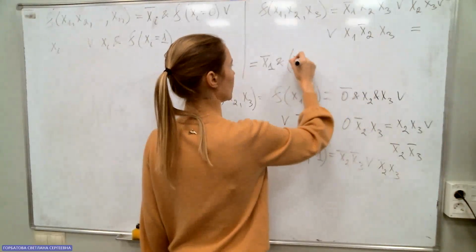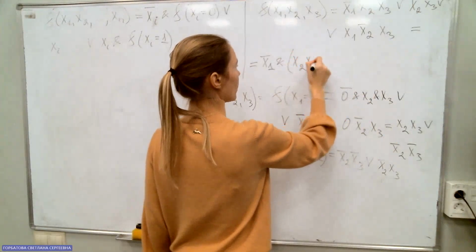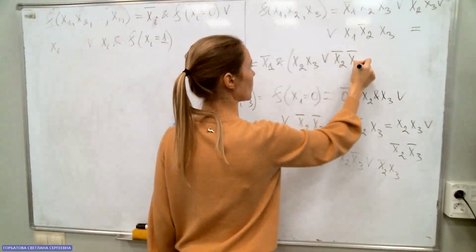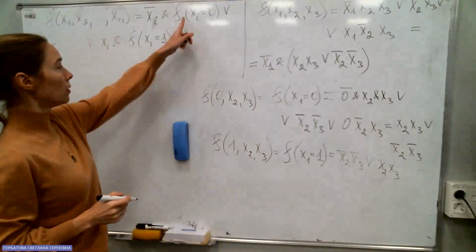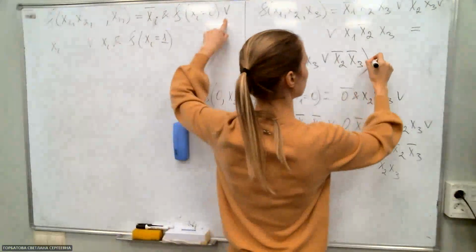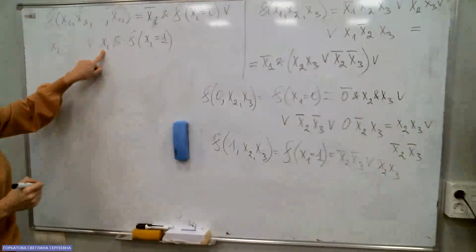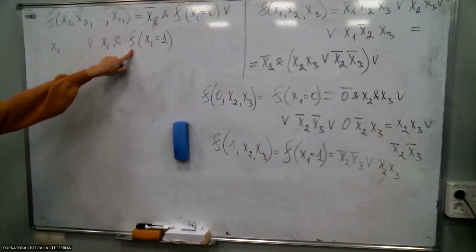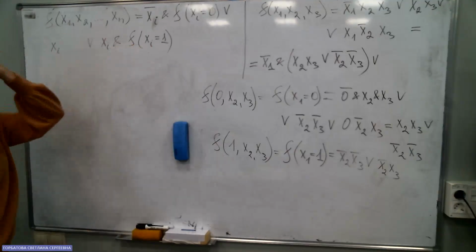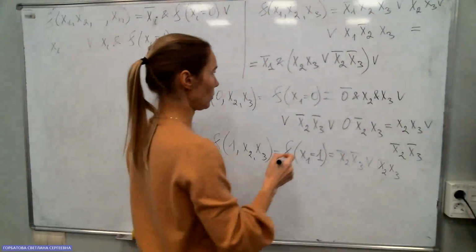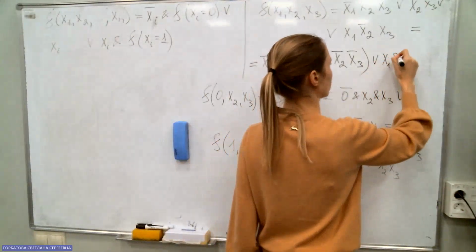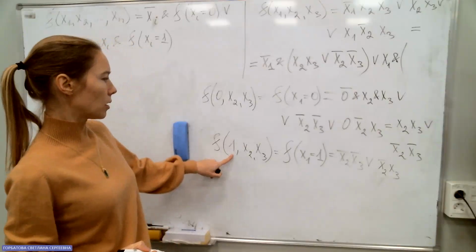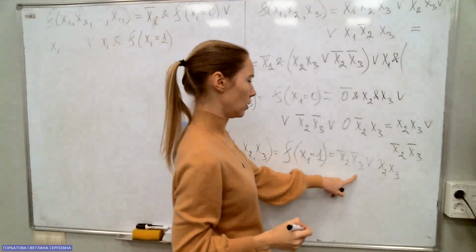This is the function x2, x3, disjunction, not x2, not x3. Then disjunction, then x1 conjunction f where x1 equals to 1.